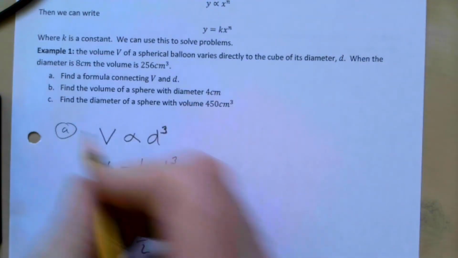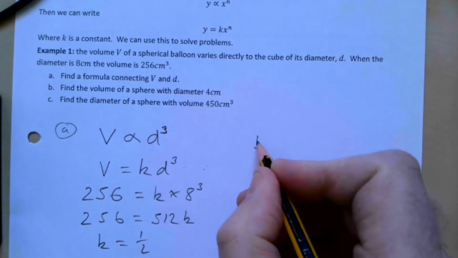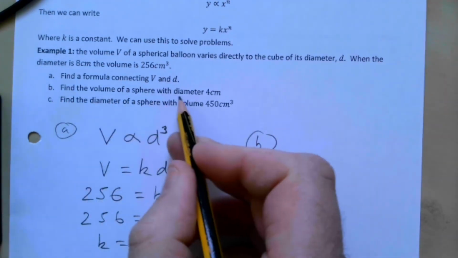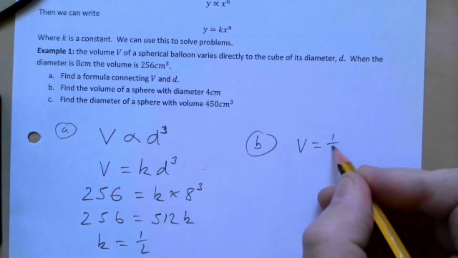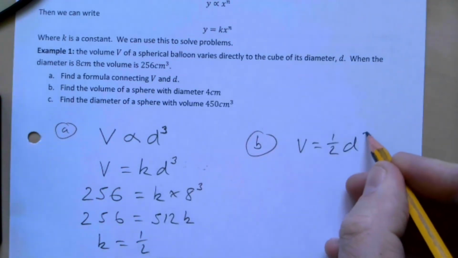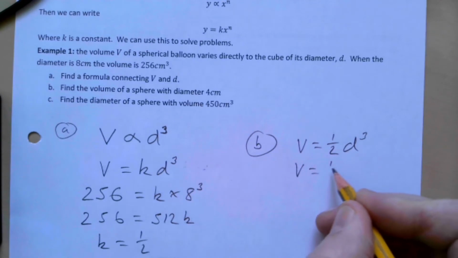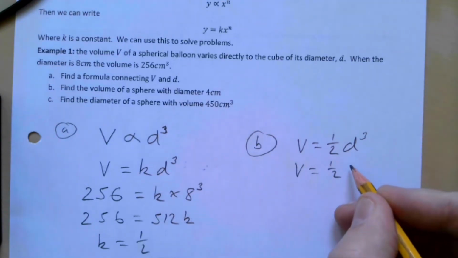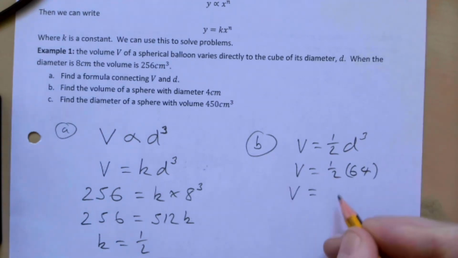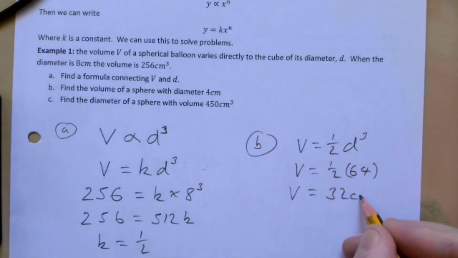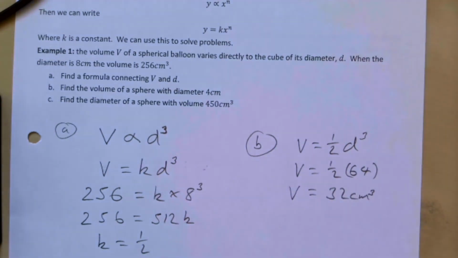Part B, find the volume of a sphere diameter 4. Nice and straightforward really from here. A half d cubed. Volume is then a half times 4 cubed, which is 64. So volume is then 32 centimetres cubed.